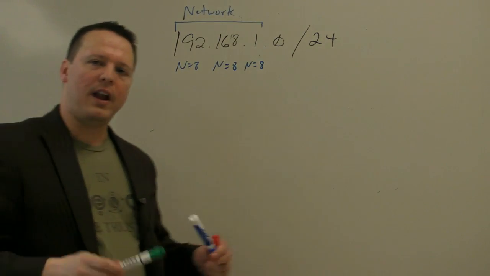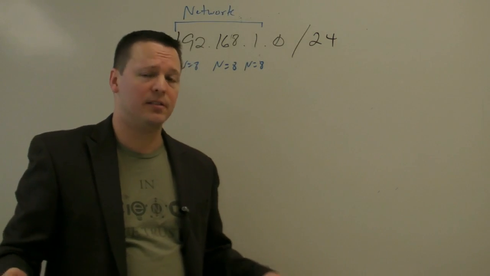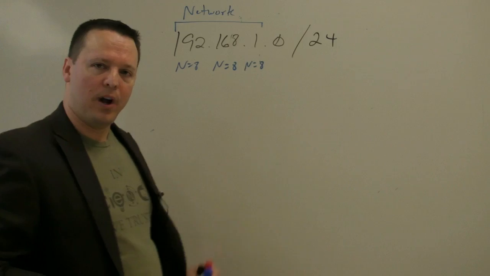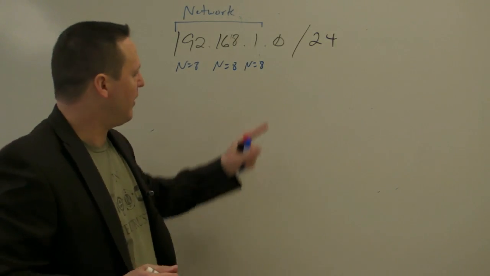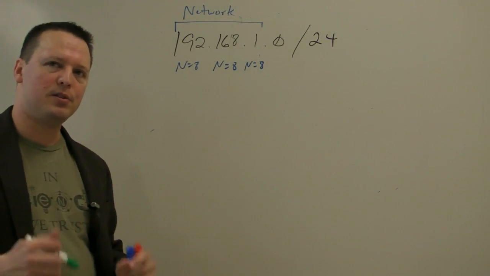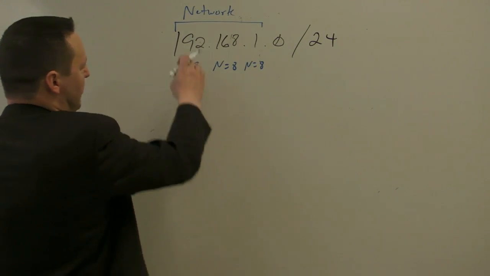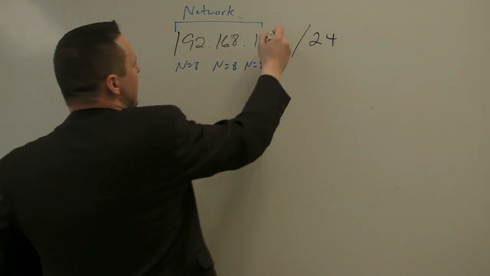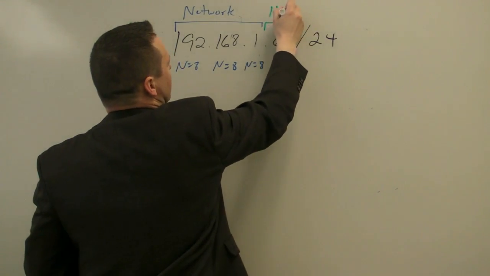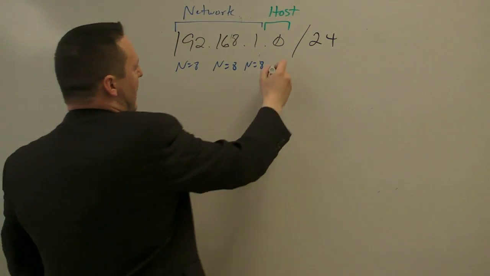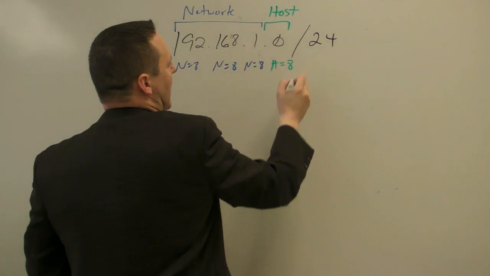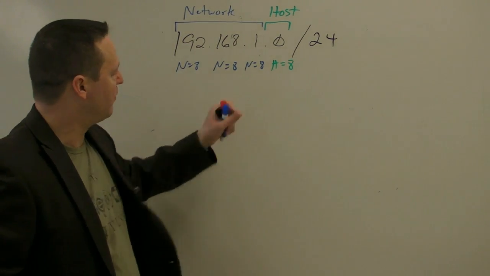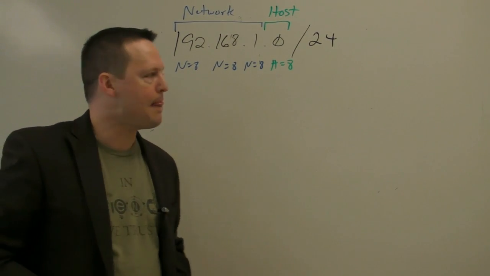We know that a byte is 8 bits. Okay, we should know that for sure. We can see our 24 network bits. We also should know that an IPv4 address is 32 bits long. Okay, because it's 1, 2, 3, 4 bytes. 4 times 8 is 32. So we can say with confidence that this piece here is the host portion, and that means the host bits are 8. So there we have our full 32 bits. 24 and 8 is 32.